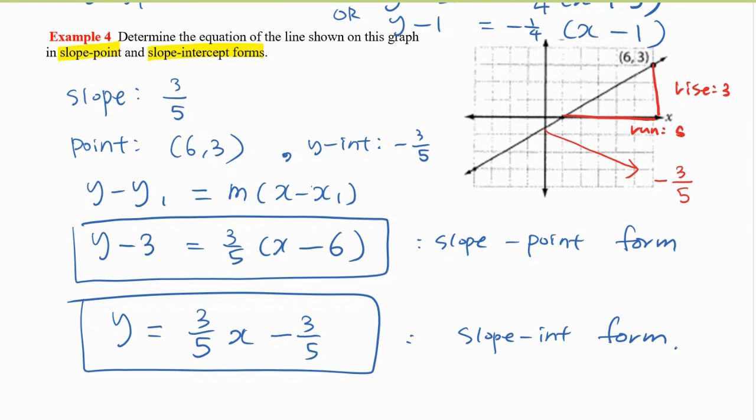Alright, you should be able to write the equation using both forms: y minus 3 equals 3 over 5 x minus 6, or y equals 3 over 5 x minus 3 over 5. You should be able to use both forms. Can you guys do that?